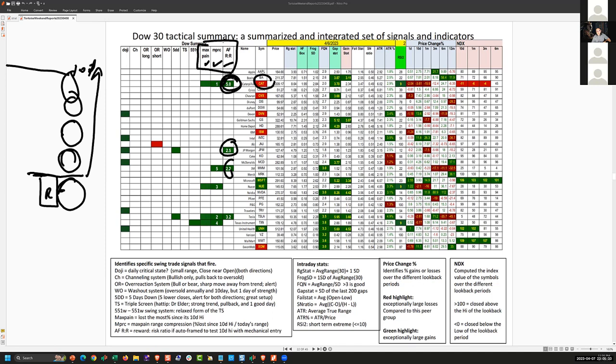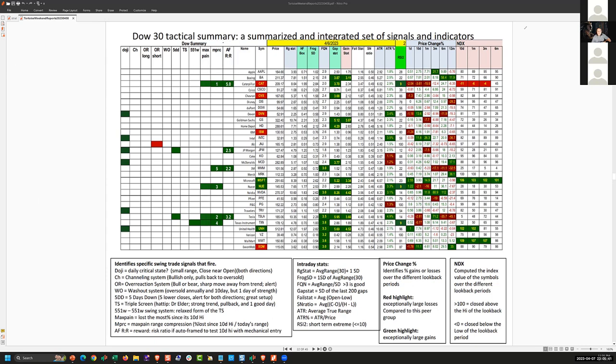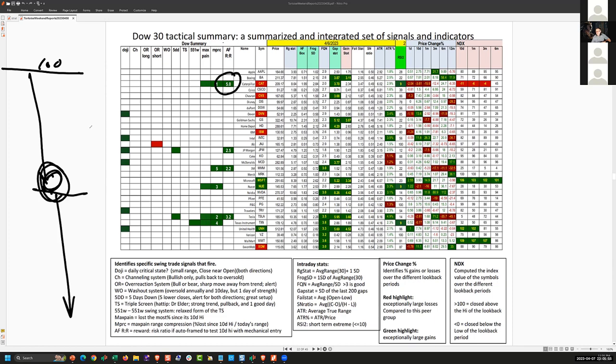So Caterpillar is, if you took Caterpillar's range, there are 5 of those ranges back to the 10-day high, and that looks like an automatic easy swing trade frame for me. But because it's fallen so far from the 10-day high, that if it keeps failing through the low, I want to be short. And we actually have a strong swing trade on that one, and continuing to pound it.